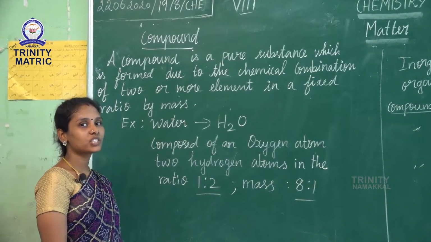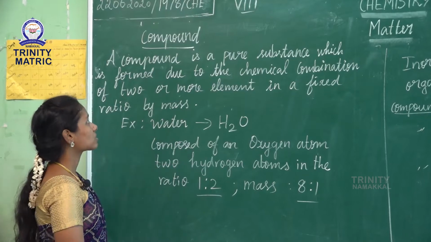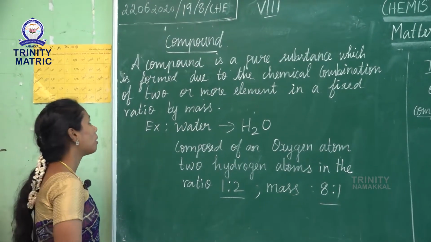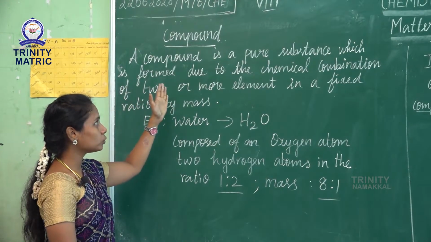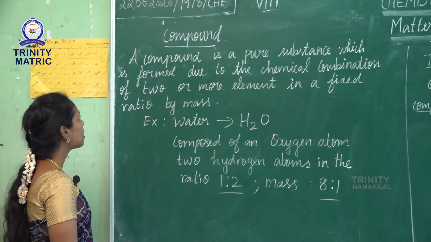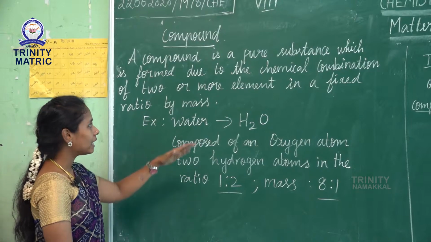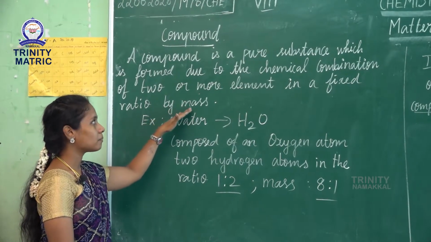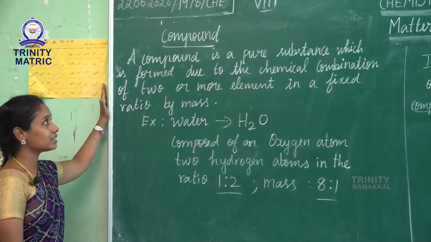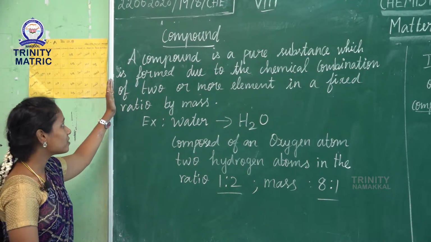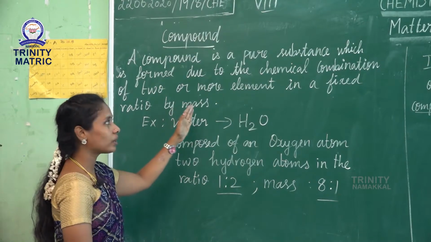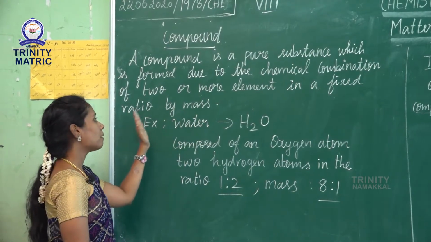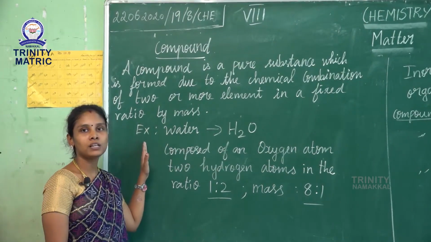Okay students, next we have to see compounds. What is the definition of a compound? A compound is a pure substance which is formed due to the chemical combination of two or more elements in a fixed ratio by mass. Example, water.